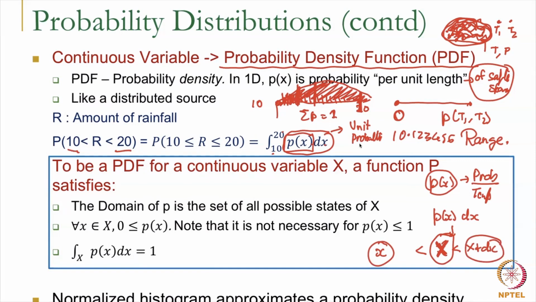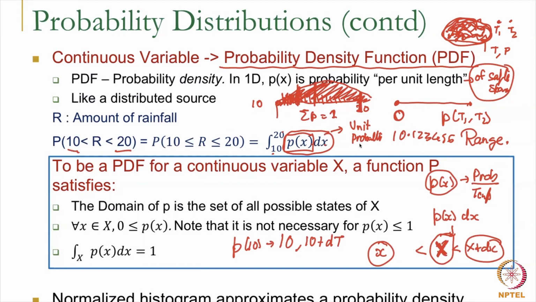So for example, P at 10 means what is the probability that the temperature lies between 10 and 10 plus some small dx or dt. Obviously this number will go down to 0 as dt goes down to 0, but dP/dx is a finite value, or P of x dx is actually a finite value.